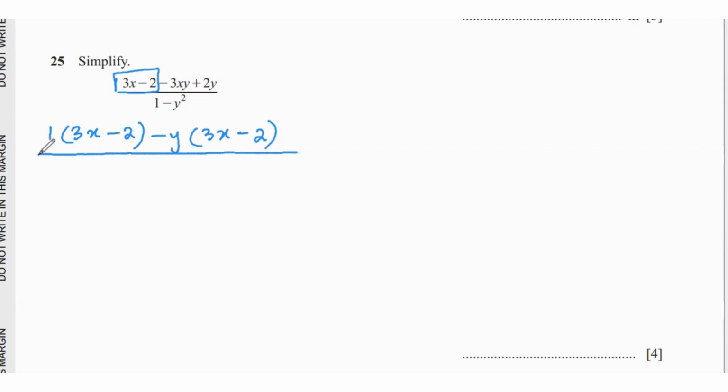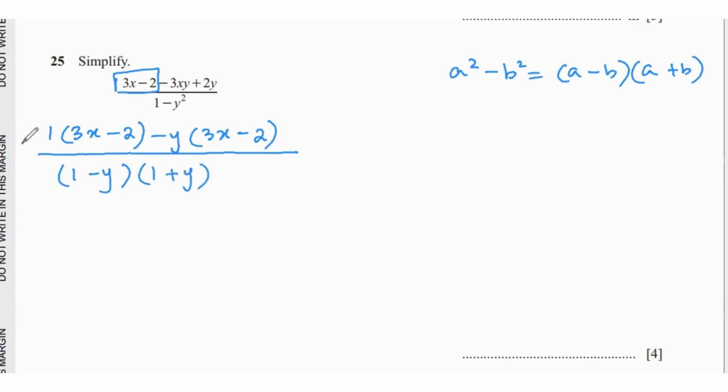Now for the denominator, you can see that it's difference of perfect squares because 1 is 1 squared and y is being squared. So difference of perfect squares is a squared minus b squared, which is a minus b times a plus b. So that's 1 minus y bracket 1 plus y. So now between 1 and negative y, we have 3x minus 2 common.